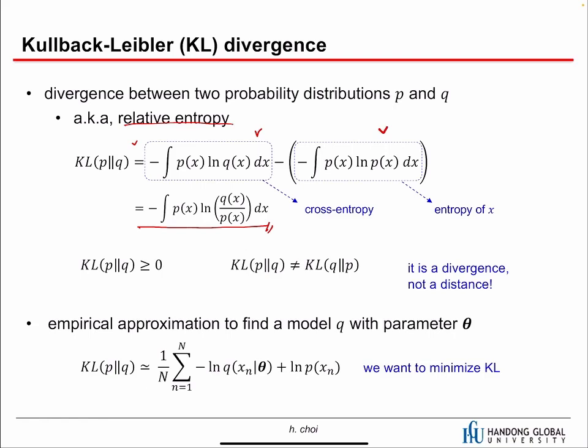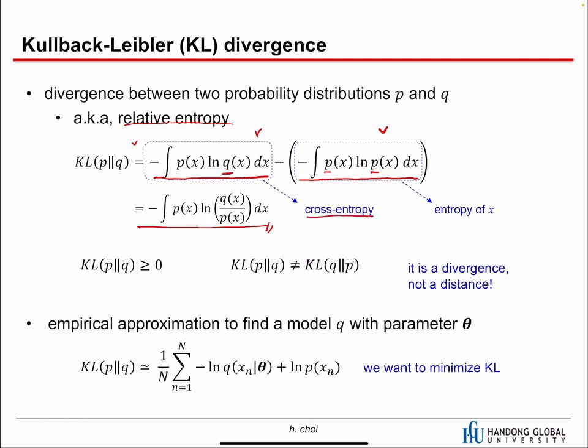Look at this equation. This one is just the entropy definition, and this looks like an entropy, but it's slightly different because we have Q here instead of P. If we have P and P, then it is the entropy of X. But if we have Q, a slightly different distribution, then it's cross entropy.